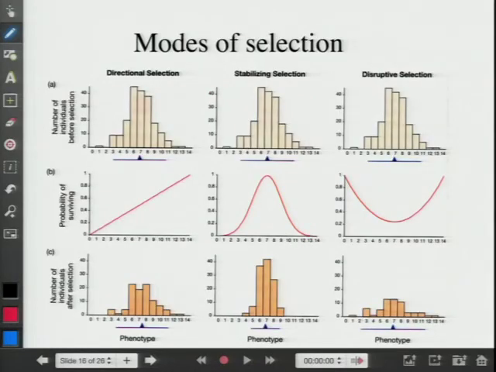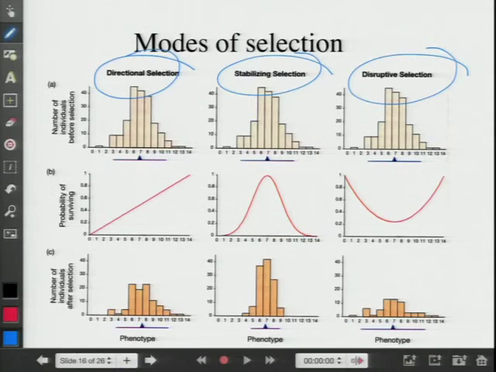Next, but related topic, is these typical modes of selection. How does selection operate on these kinds of quantitative continuous traits? Here's a bunch of graphs that talk about three main types: directional selection, stabilizing selection, and disruptive selection. For each of them, they have these associated graphs that say probability of surviving, which really, who cares about survival?